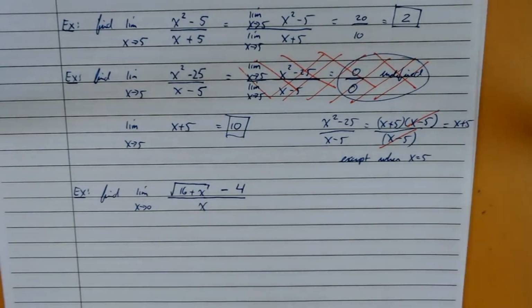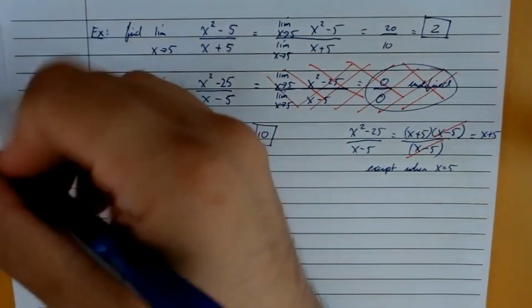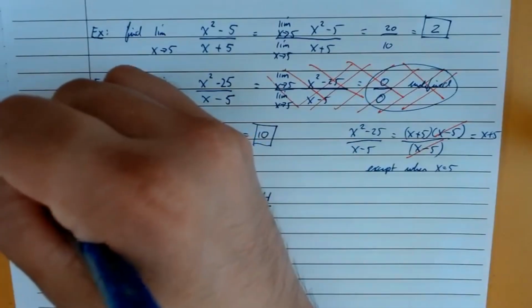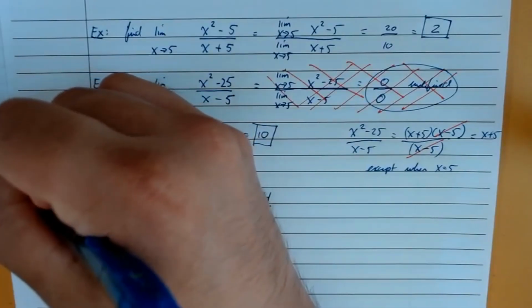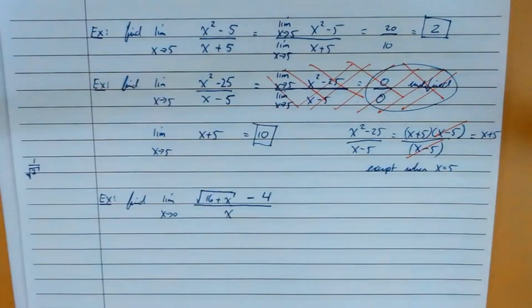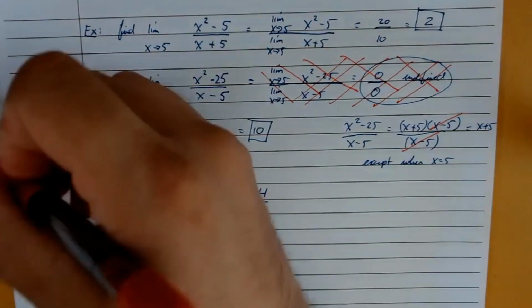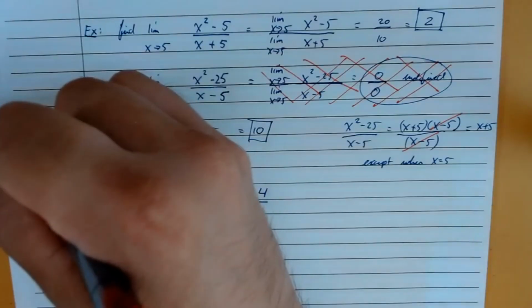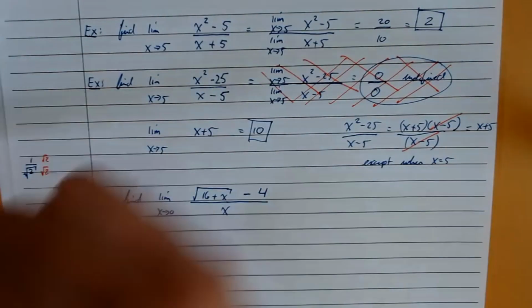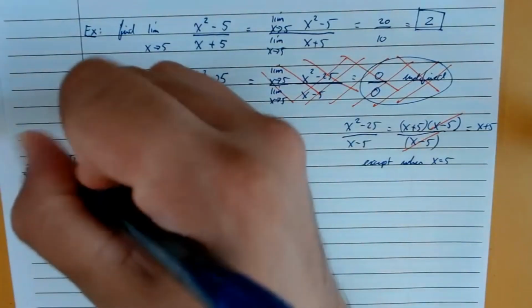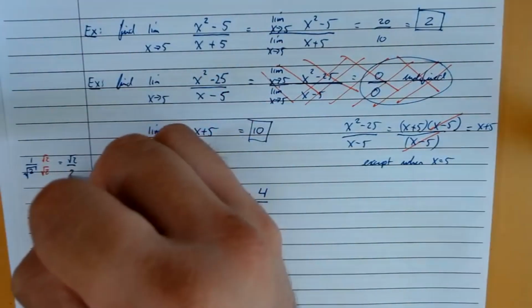Now, up until now, the only time you've ever seen any kind of rationalizing is rationalizing something so that you don't have a square root in a fraction. Up to now, the only time you've seen rationalizing is like in trigonometry, where you end up with an answer that looks like 1 over square root of 2. And what you do is you multiply by the square root of 2 on the top and bottom, and that gives you a square root of 2 on top and then square root of 4, which is just the number 2, on the bottom.